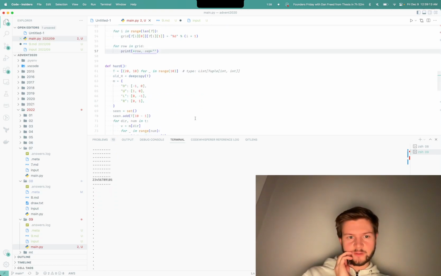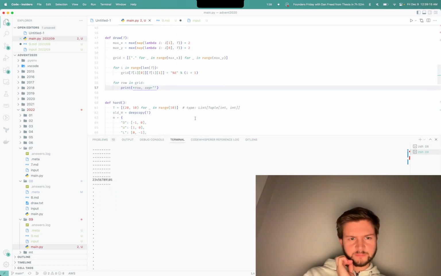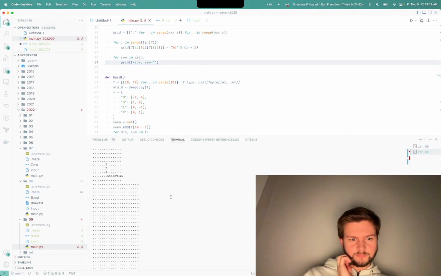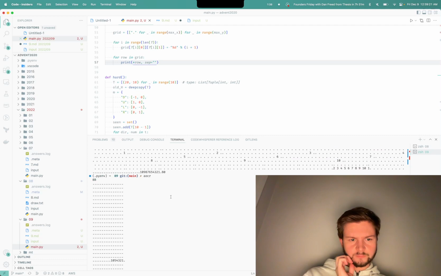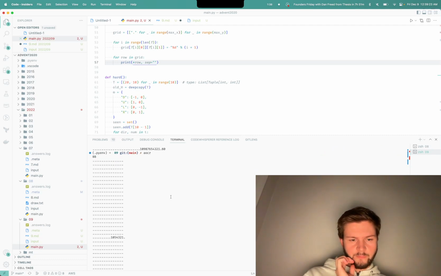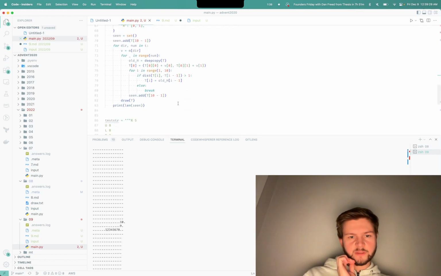T is getting way smaller. Let's just look at the start of the. No idea what's happening.